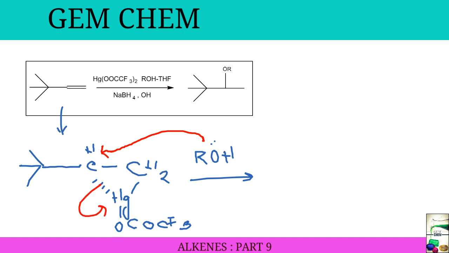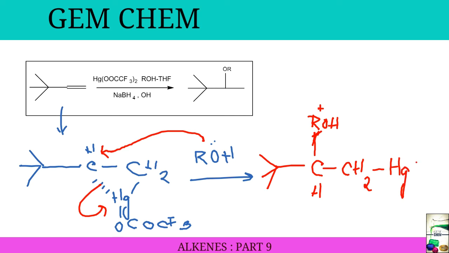So ultimately we get this one and ROH plus, this is attached to oxygen actually, and then this is CH, CH2, HgOCOCF3. Then the reaction proceeds as usual and we get the ultimate product after this reduction, that is this one.